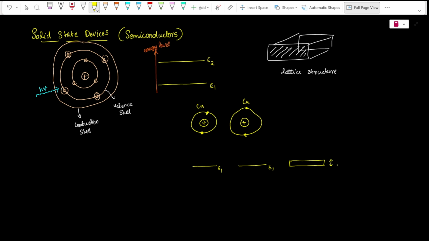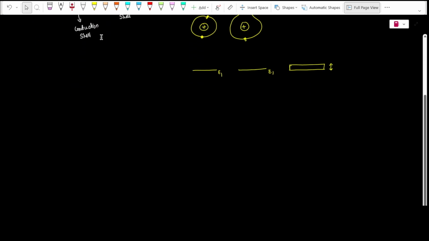You will have a range of energies. What I mean to say is that you won't get individual energy levels as you can see here. When atoms are kept in a crystal lattice, what you see is not two lines like this, but instead it will look something like this.